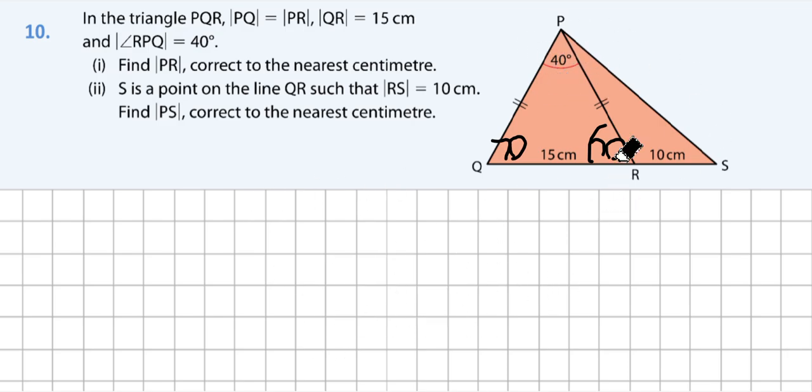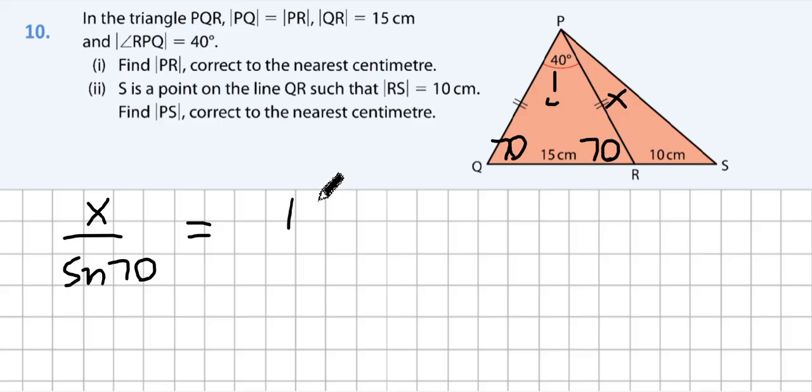That's just a bit of prep work before we start cooking. Find PR. So what letter would you like to use? Your choice? We'll use X. Okay. Who's X fighting? So X over. Who's 40 fighting? So what do I write down?